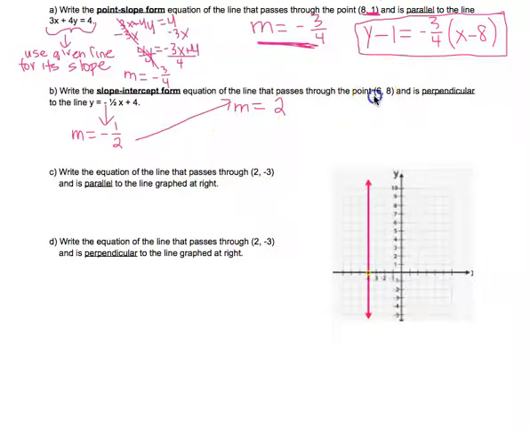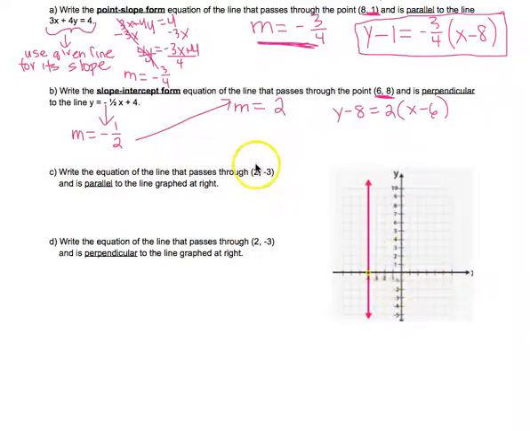Now, I know that my line needs to go through the point 6, 8. This is not the y-intercept. So I can't go directly to the form that I'm asked for, the slope-intercept form. I need to use point slope form first and then convert it over. So y minus y1 equals m times x minus x1.